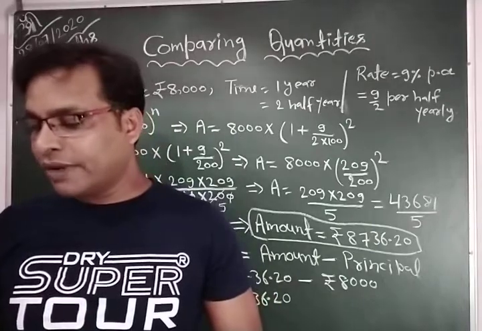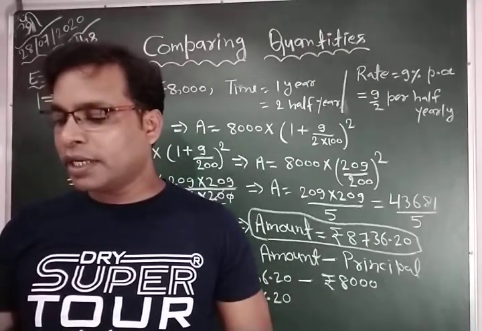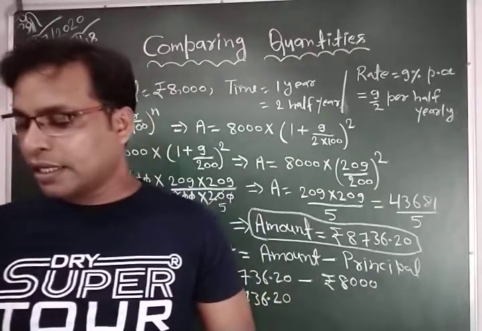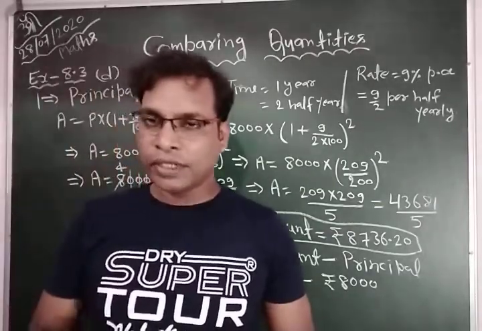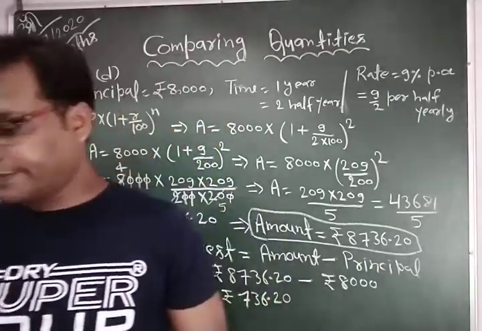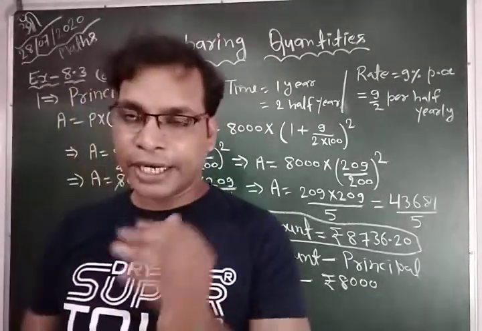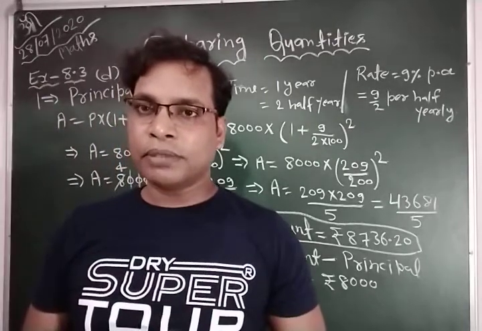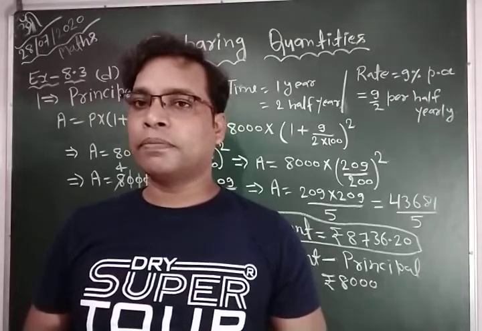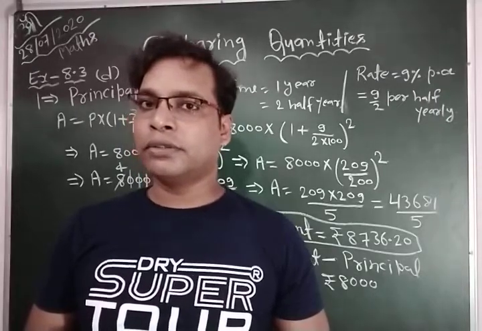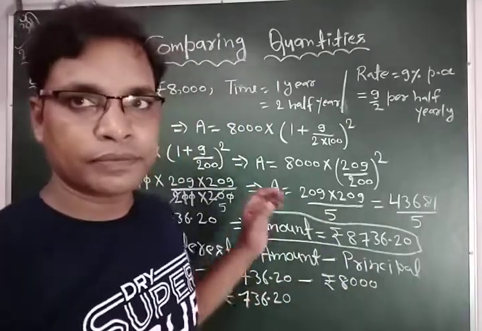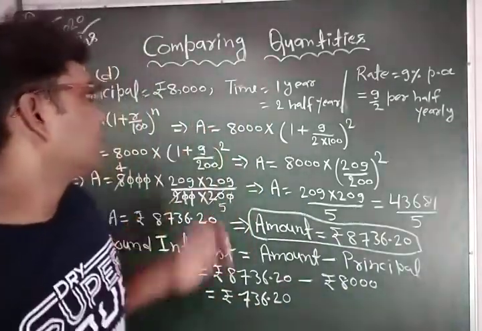We find the amount and the compound interest on half yearly. Okay, so here 1 year is given, so 1 year is equal to 2 half years, and rate is given 8%, so it becomes 8 by 2 is equal to 4 per half yearly.